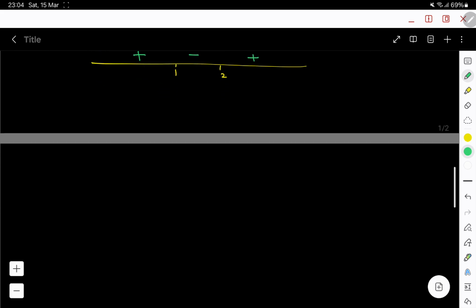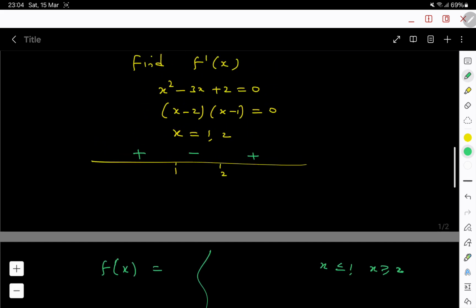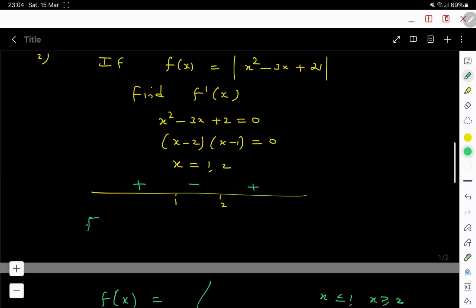So we divide f of x into intervals, okay. First one is x less than or equal to 1 and x greater than or equal to 2, okay. For x less than or equal to 1, x greater than or equal to 2, x square minus 3x plus 2 is greater than or equal to 0, okay.